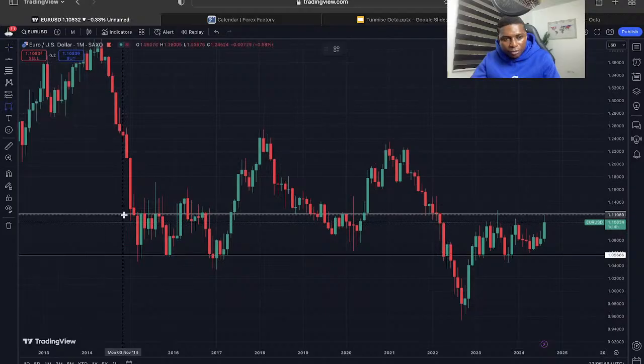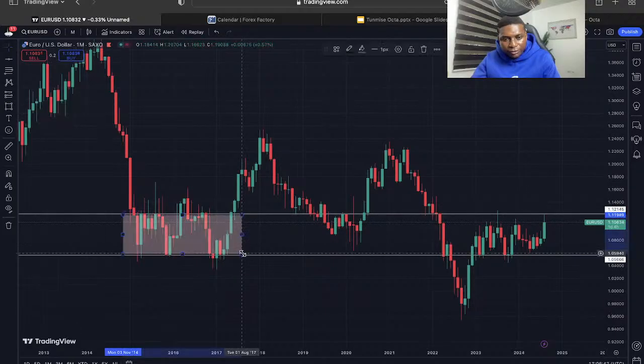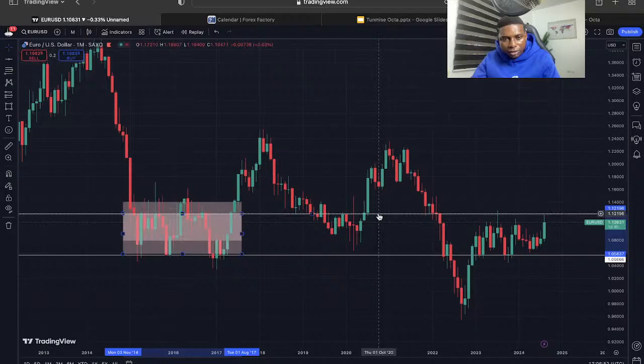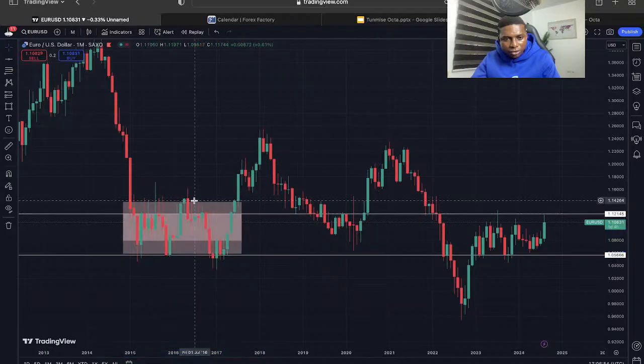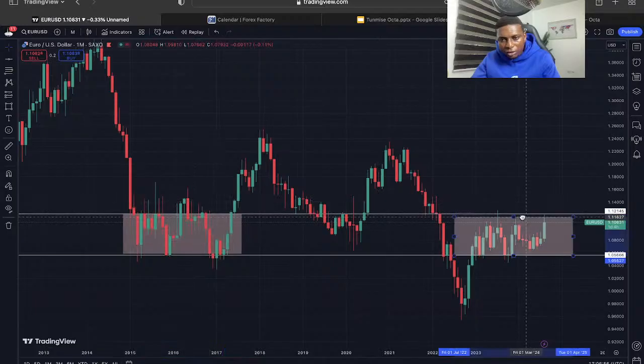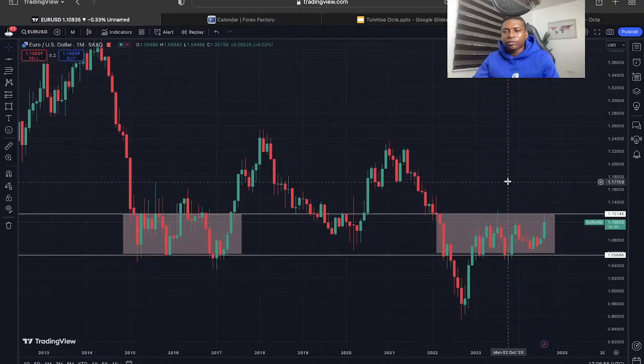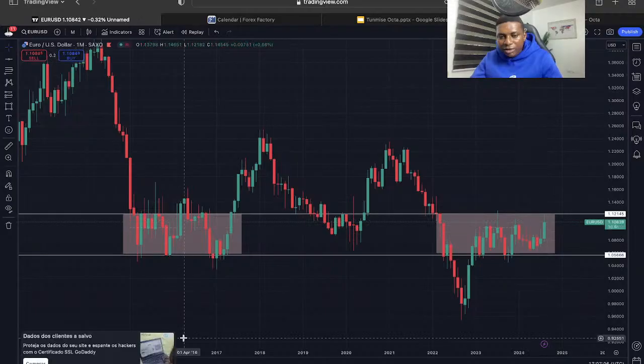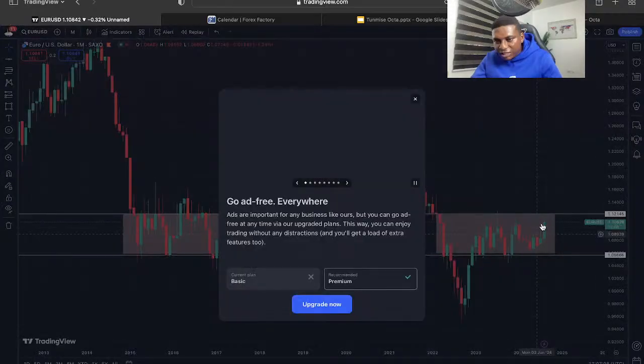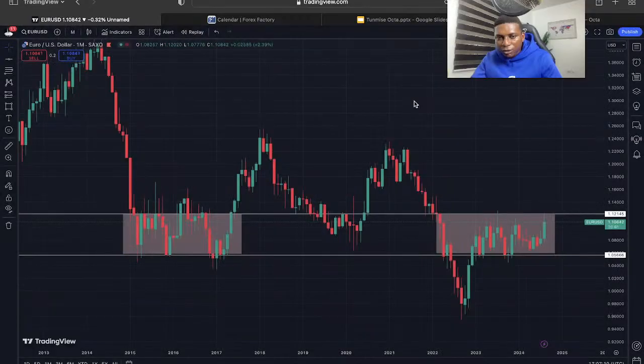We can see that happen here, and equally we can see that. We can see that happen here. So what would determine the next price movement would be a breakout from this level or a rejection from that level.